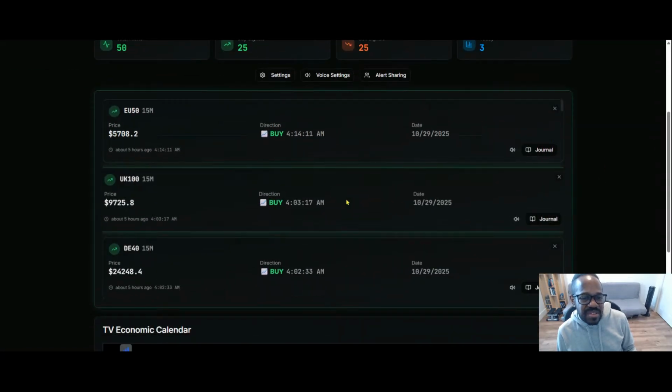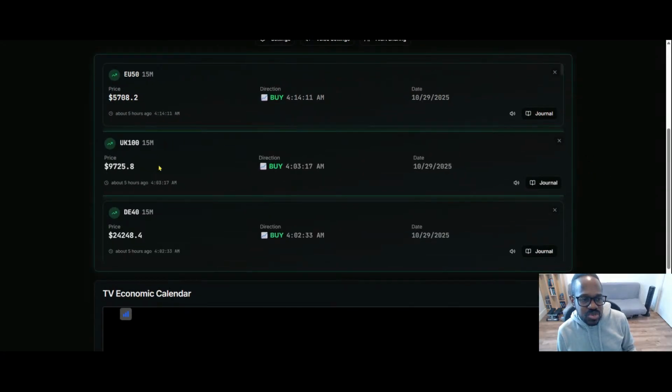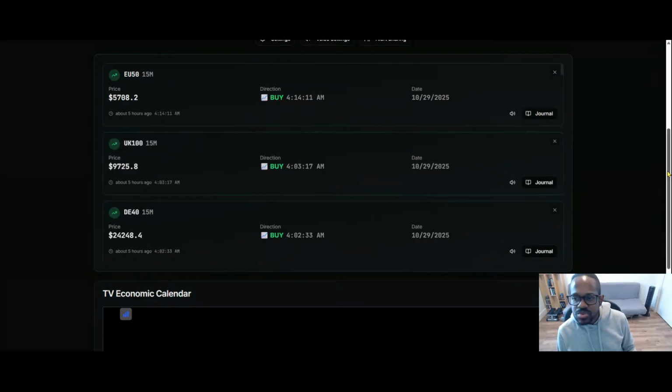At the bottom, you have the alerts with the time, the direction, and the price. So if you missed the entry, you have an actual level to look for, and the actual symbol.